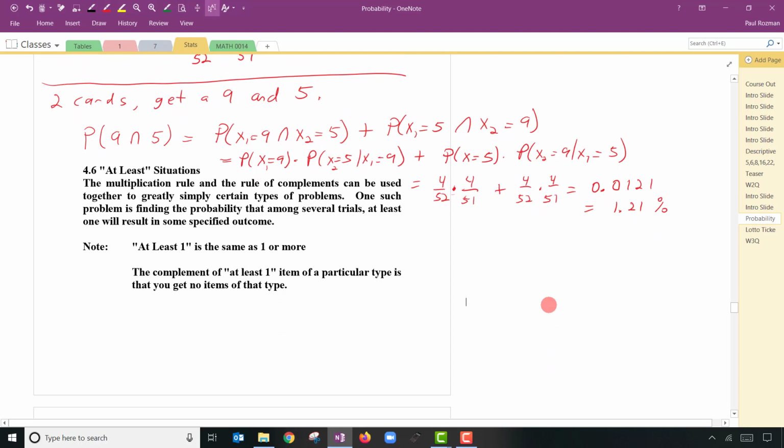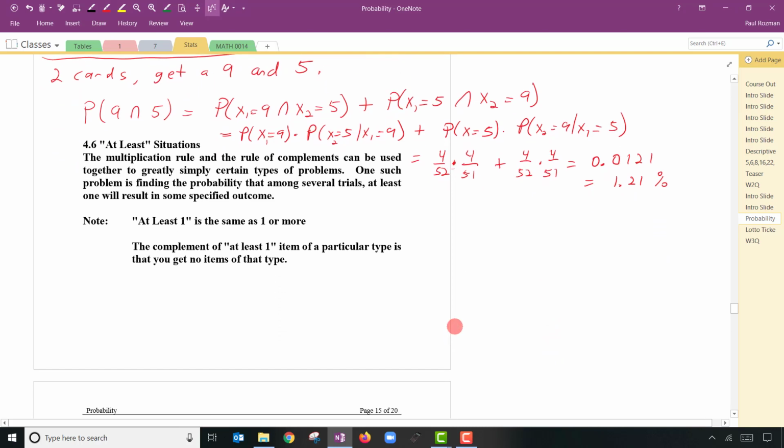At least situation, this is where we're going to take that rule of complements and take full advantage of it. If you want the probability of at least one success, that means 1 or 2 or 3 or 4 or 5 successes, etc. But the opposite of at least 1 is none.